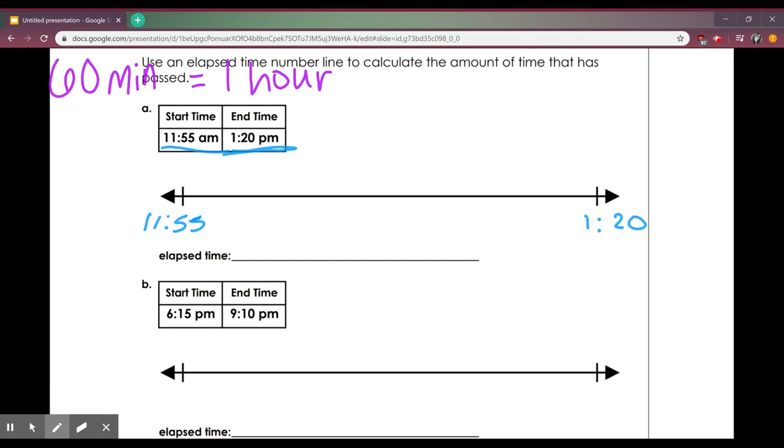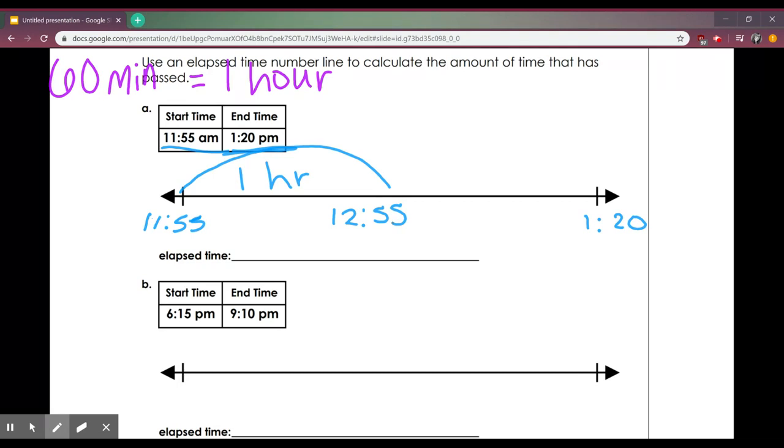So what I mean by that is if we're at 11:55 and I'm trying to get to 1:20, I don't know exactly how much time is coming in between these two times yet, but I do know that I can jump 1 hour. I'll just use HR as an abbreviation to stand for hour. So if I were to jump 1 hour, that's going to put me at 12:55. So I'm not quite to 1:20 yet, but now I'm closer.